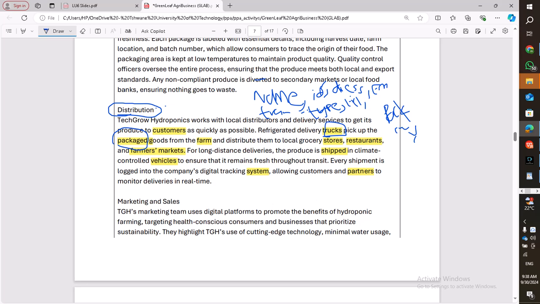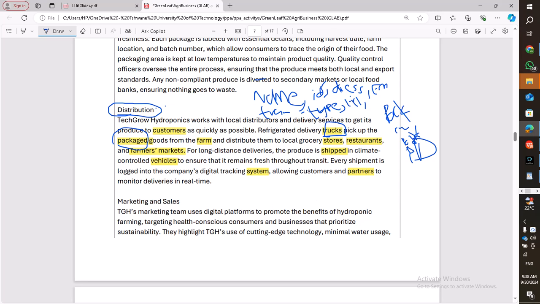We'll look for the package ID, the unique package ID, and the package details, not the distribution, the package description.